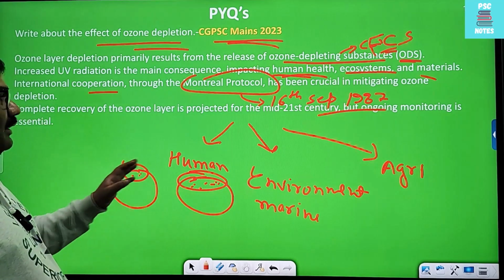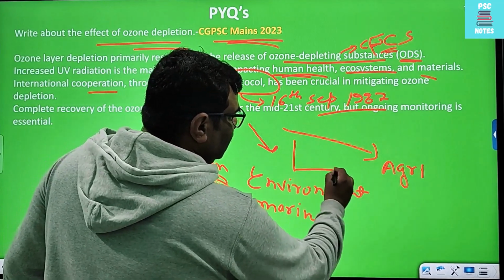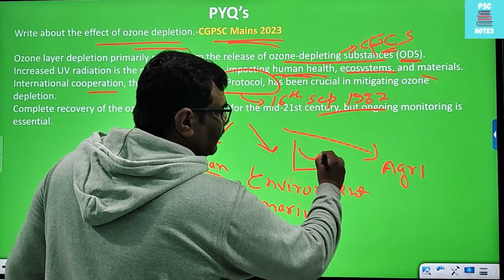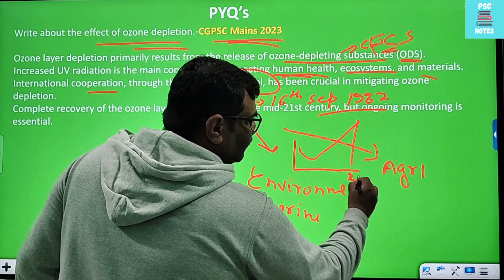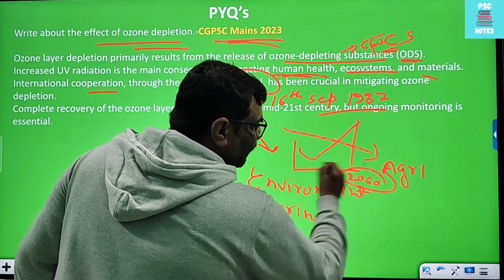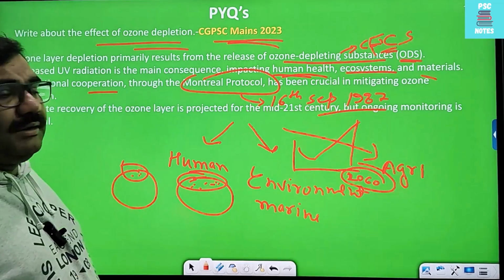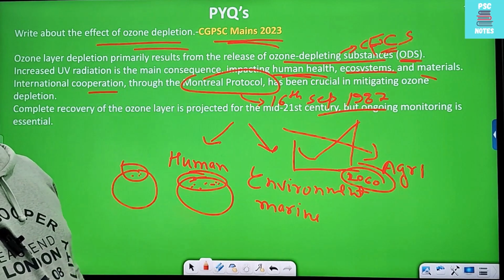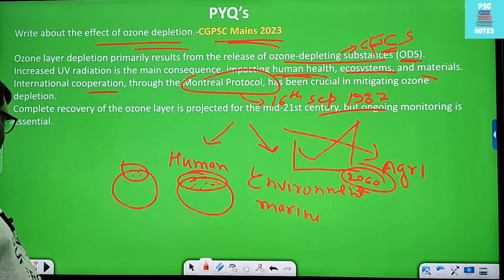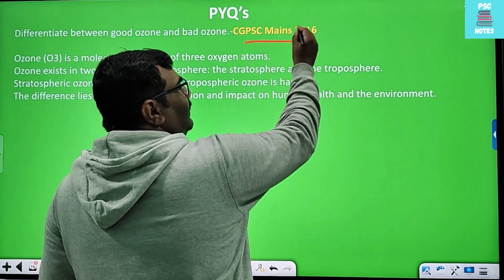We can also show another diagram showing the decrease and further increase, and that in the year 2060 we are supposed to have a sufficient amount of ozone. So we can very easily cover it. It was asked in CGPSC Mains. Now we can move to the next question, which was asked in CGPSC Mains 2016.